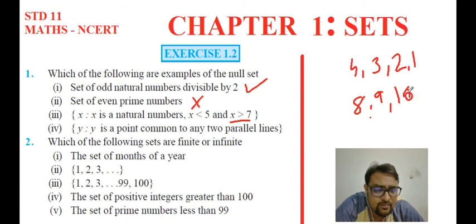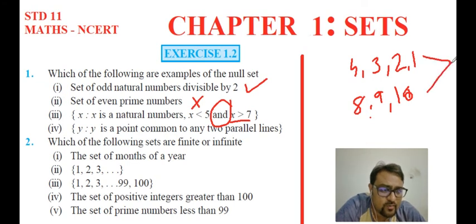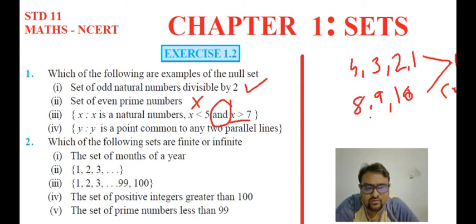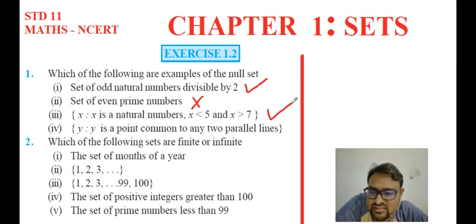But it is "and", which means the number must be both less than 5 and greater than 7, and there is no common number. So it is a null set. Let's put a tick. This is a null set.